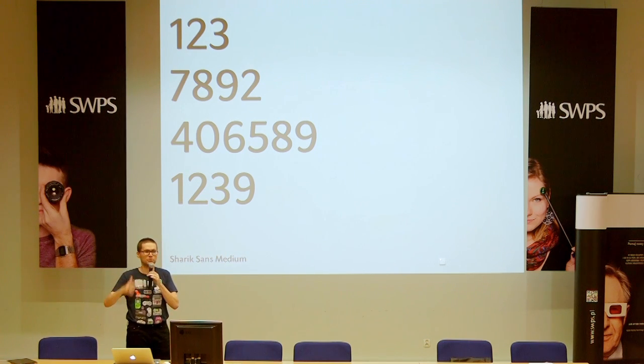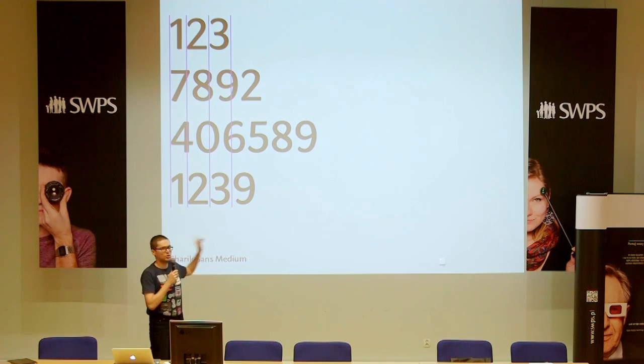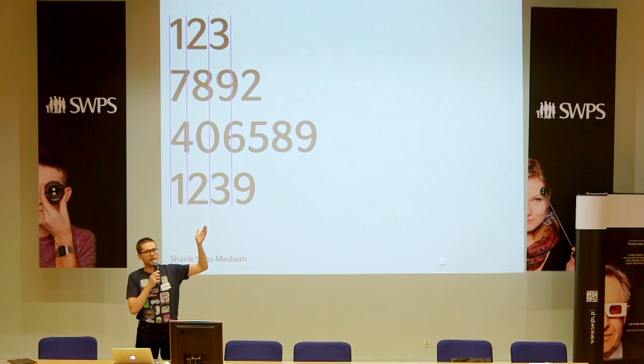Well, wrong. You have different types of digits, and you should use digits that are designed for a specific task. Like, let's say you want to have a leaderboard, a high scoreboard, right? You can't use those digits because they're not designed to show high scores one under the other, right?